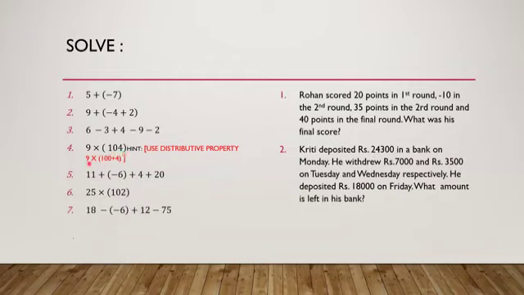So now you can multiply 9 into 100 plus 9 into 4. 9 into 100 gives you 900, and 9 4s are 36. So 900 plus 36 gives you 936. So you see how using distributive property such big numbers can be easily multiplied.